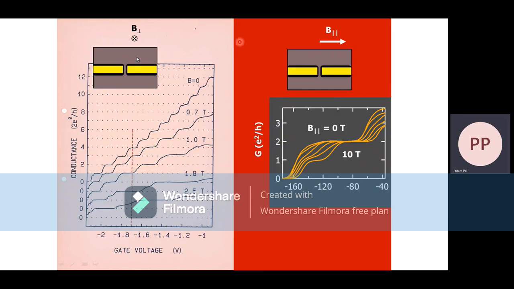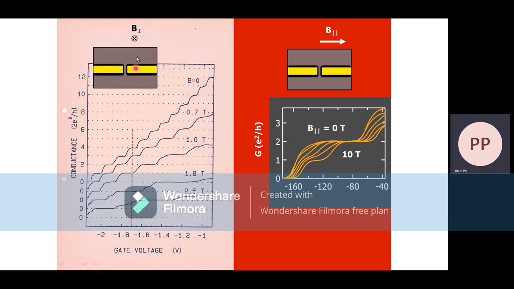And if the field is applied parallel to the two-dimensional electron gas, what you see in this graph is that the conductance goes from being 2e²/h to 1 e²/h as the field is increased, and that is explained very simply by the lifting of the spin degeneracy at high magnetic fields, right?